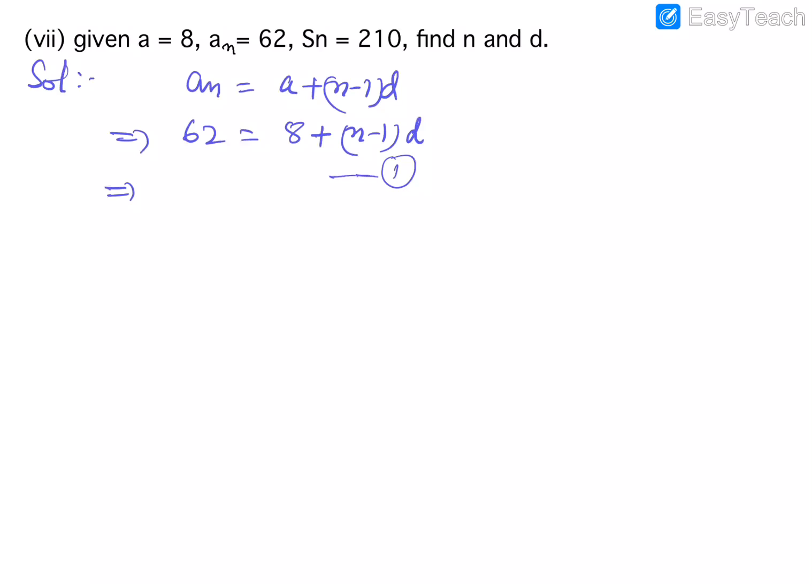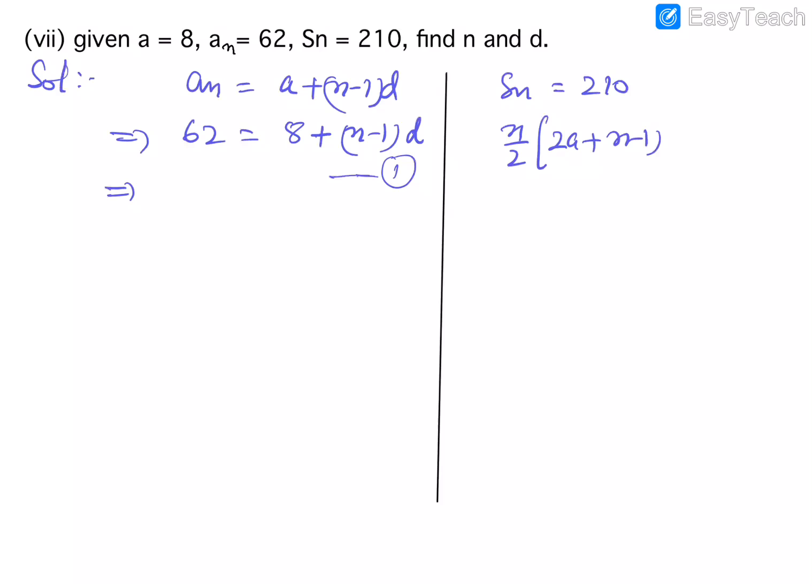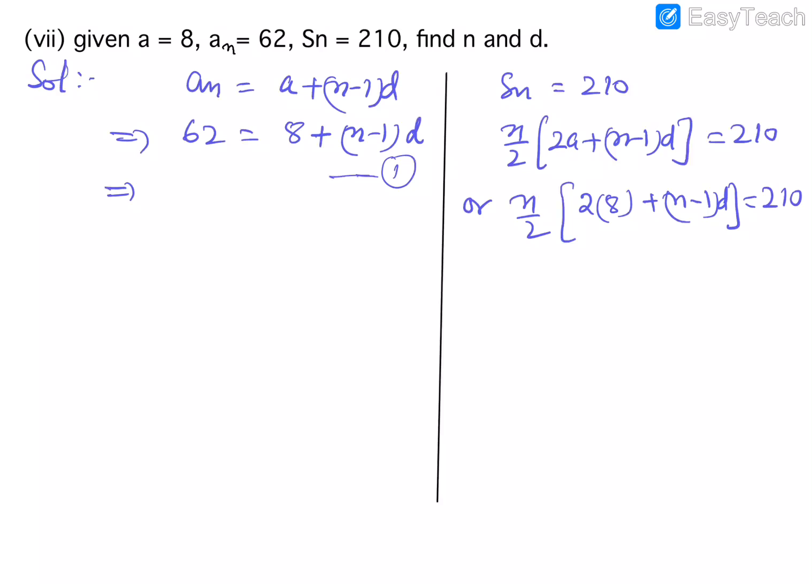Similarly, it is given that Sn is equal to 210, that is n by 2, 2a plus n minus 1 into d is 210. Or we can say that n by 2, 2 into 8 plus n minus 1 into d is 210.